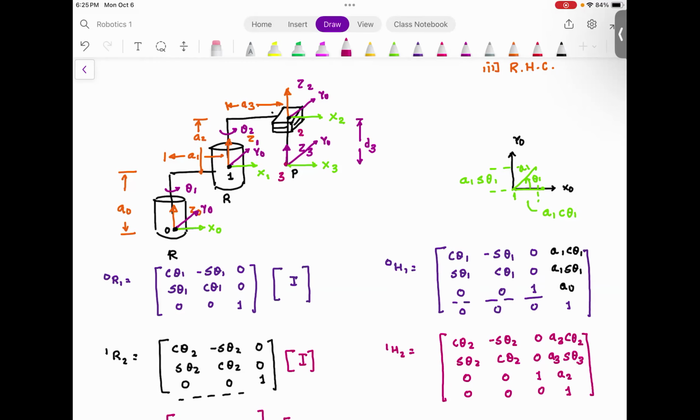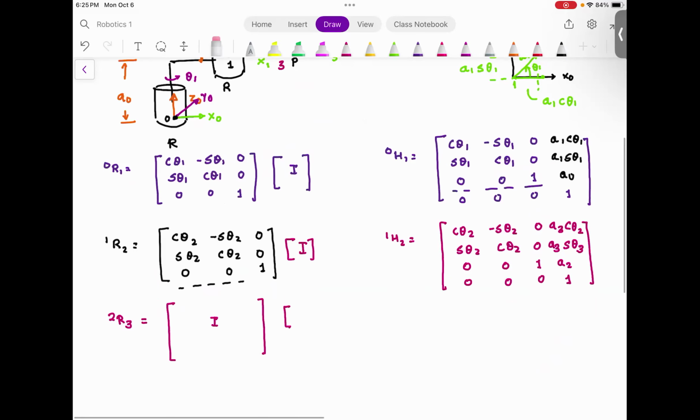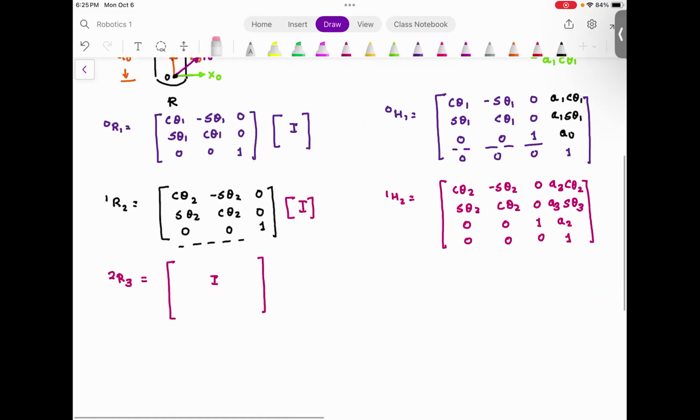So again, what you need to do is always remember this procedure, okay? And that's why I have been explicit in writing this. Projection of x3, y3, z3 on projection of x2, y2, z2.